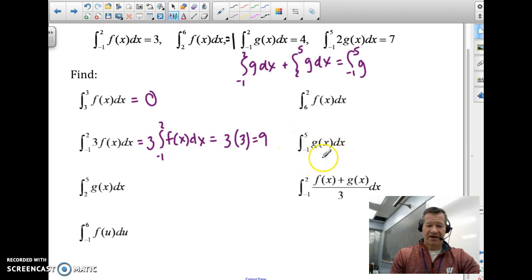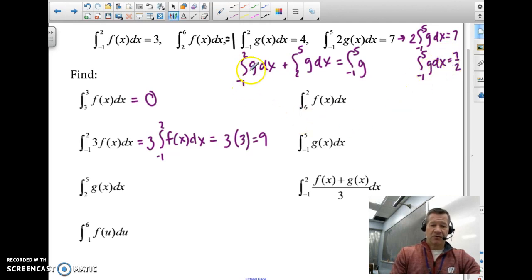What is the integral from -1 to 5 of g? Well, since the integral of 2g of x is 7, then 2 times the integral from -1 to 5 of g would be 7. So therefore, the integral from -1 to 5 of g would be 7/2, or 3.5.